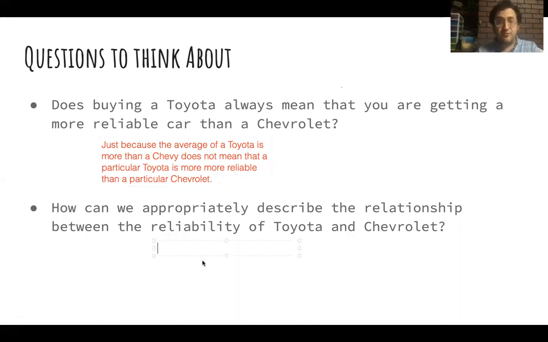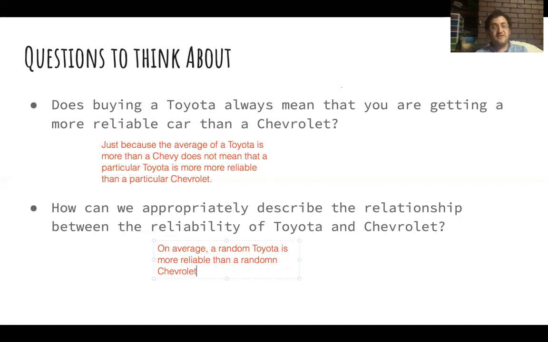And an appropriate way to describe the relationship between Toyota and Chevrolet reliability is you could say, on average, a Toyota is more reliable than a random Chevrolet. And we could actually say a random Toyota. The key word is on average.